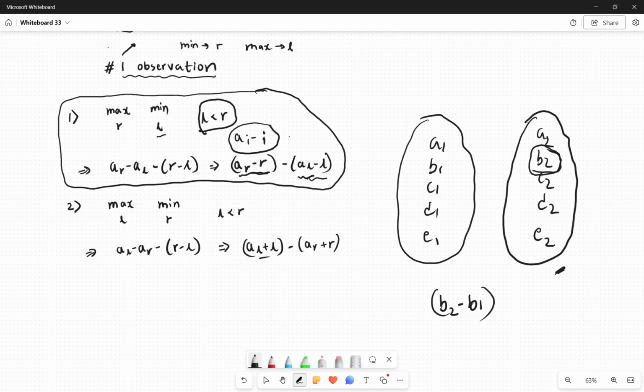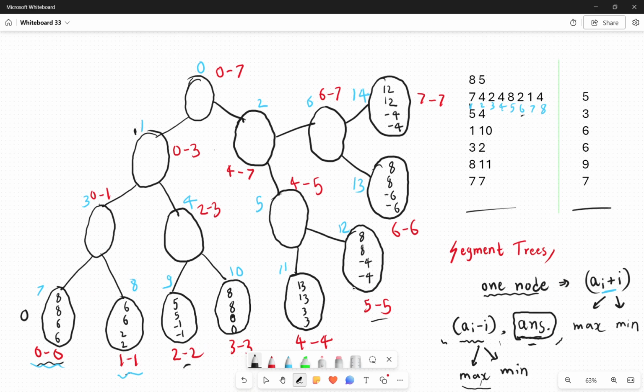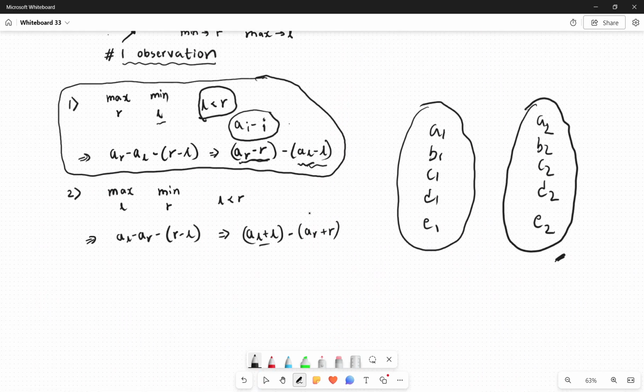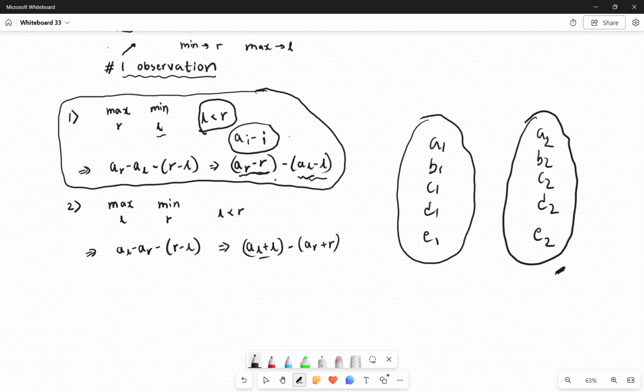Ai minus i, right? So not b. Definitely not b. Ai minus i we have stored at c comma d, right? So you have to take the maximum of these two.